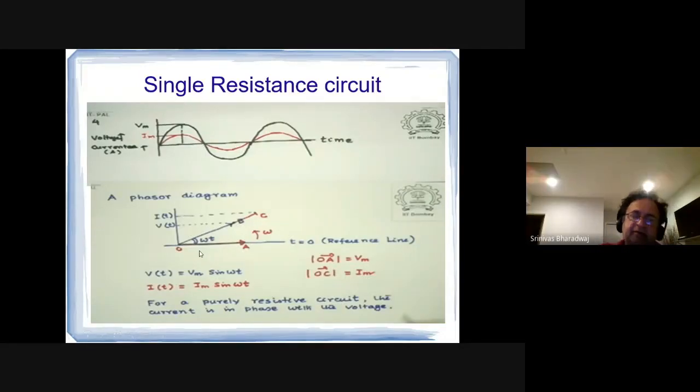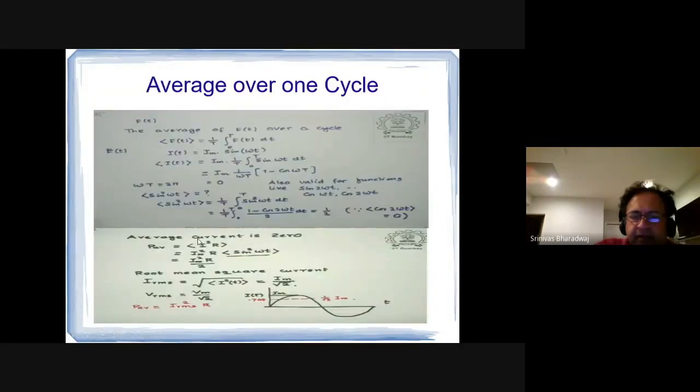A phasor diagram basically shows how things rotate, and how fast it rotates, where the angle is omega t. You have I, which is one phasor, and V is another phasor. So for a purely resistive circuit, the current is in phase with the voltage. There's no angle difference between the voltage and the current.